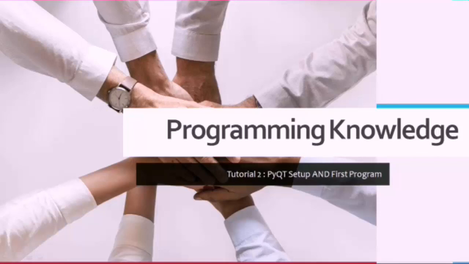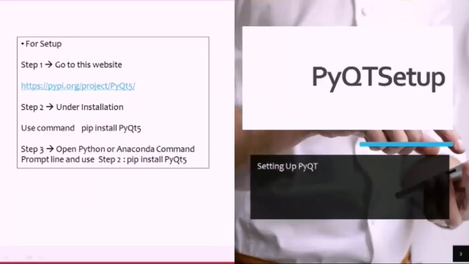So let's now go ahead and set up PyQt by following three steps. The first step is to go to the mentioned website, https://pypi.org/project/PyQt5. We are going to type this address in Google Chrome, and after the website opens, we'll have an installation tab.